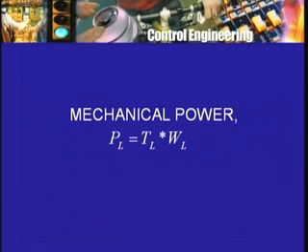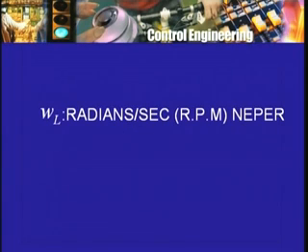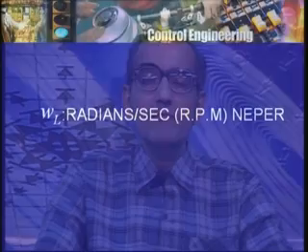What is the dimension for angular speed omega L? Although on the shop floor one will talk in terms of the RPM speed, the speed in revolutions per minute, because that's a convenient thing to talk about and think about. Although I'm sure you don't really have a very good idea of what's the difference between, say, 500 RPM and 1500 RPM, except that 1500 RPM is faster than 500 and sort of 3 times as fast.